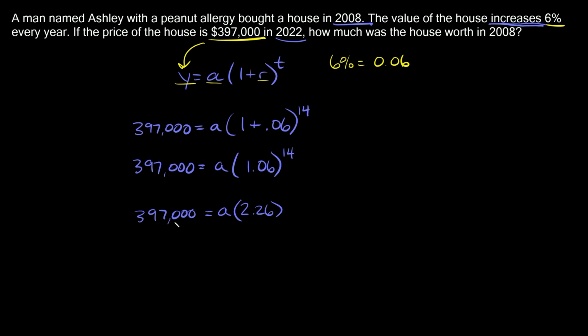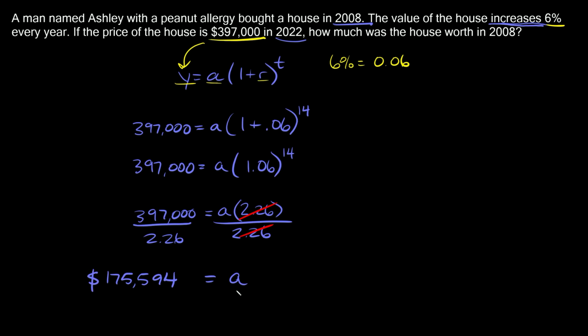397,000. Okay, now to solve for a over here, we're going to get rid of the 2.26, and we're going to do that by dividing both sides by 2.26, right? Because what we do to one side, we do to the other. All right, so then on this side, these cancel out. So then on this side, we're just left with a. So then we get a is equal to 397,000 divided by 2.26, and that's approximately 175,590, and we're going to round to the nearest dollar, 94.